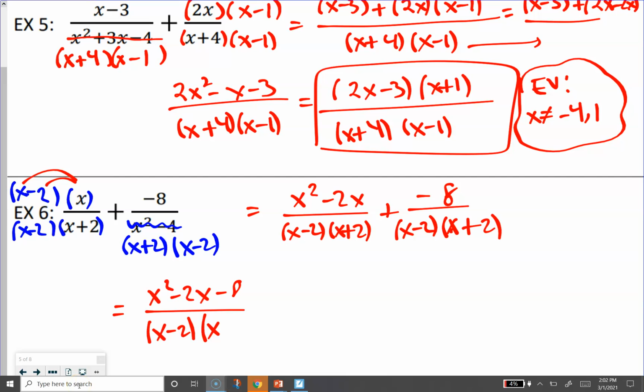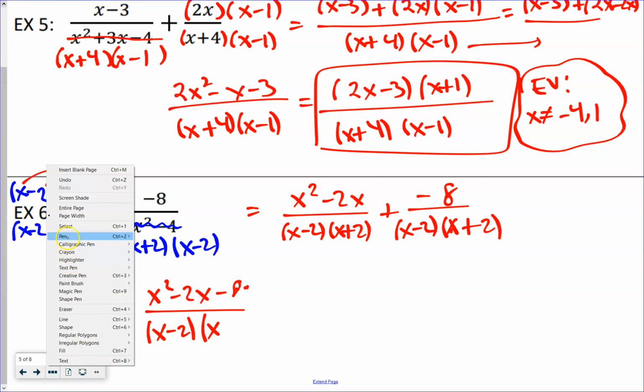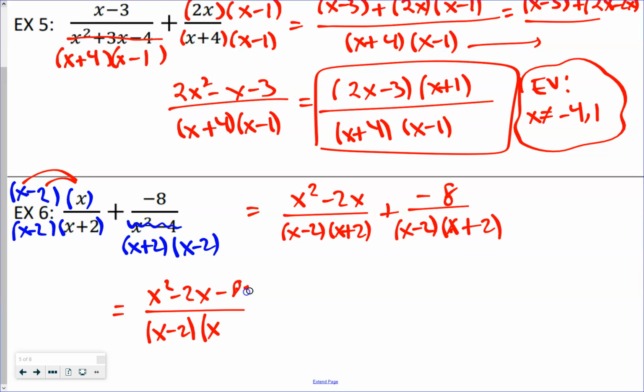Okay, so I've added my numerator together. There's no like term, so it becomes x squared minus 2x minus 8. And my denominator is going to be x minus 2 and x plus 2. Just like last time, I'm going to factor my numerator, see if something can happen. So let's see what multiplies to give me negative 8, but adds to give me a negative 2.